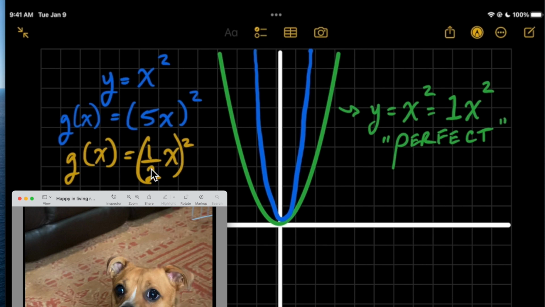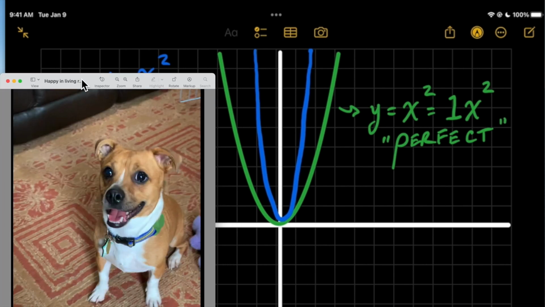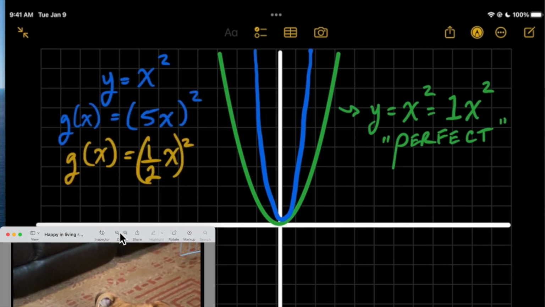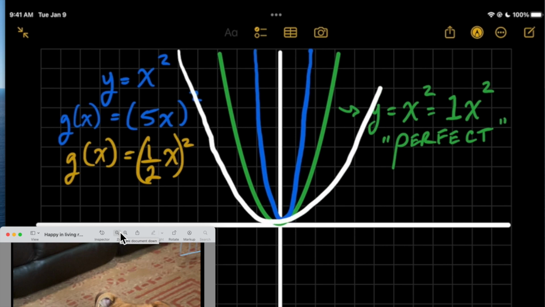I'm going to run one half of a mile a day. What's going to happen to this dog's physique? If he eats the same amount of treats, the dog is going to get heavier and he's going to get wider. So with the dog only running one half a mile a day, he's going to have a wider physique. If he runs 5 miles a day, he's going to be too thin. If he runs 1 mile a day, he's going to be perfect.